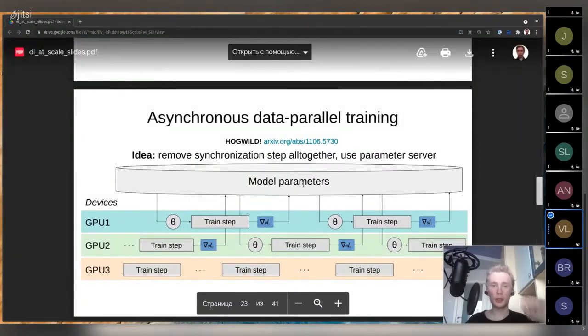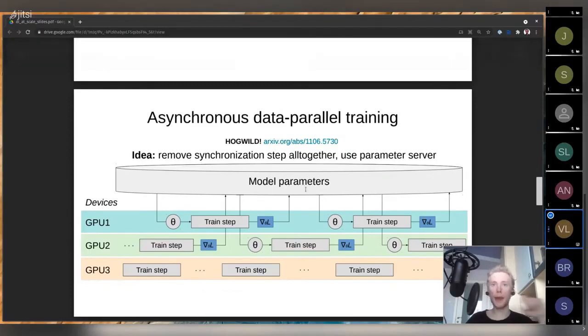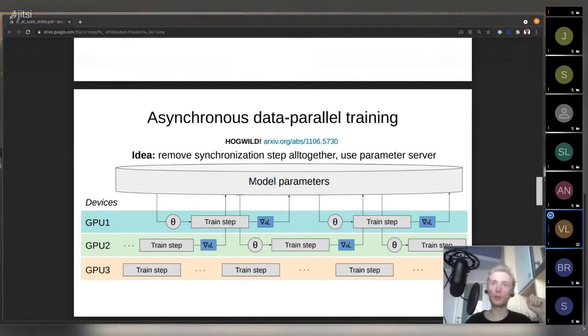That's a problem, but that's not a hard problem, because we can make subtractions atomic. We can just tell our parameter server: let's wait, but only for subtractions. So when a GPU comes along and asks you, please subtract these gradients from my parameters, then you don't accept new requests until you've subtracted it.